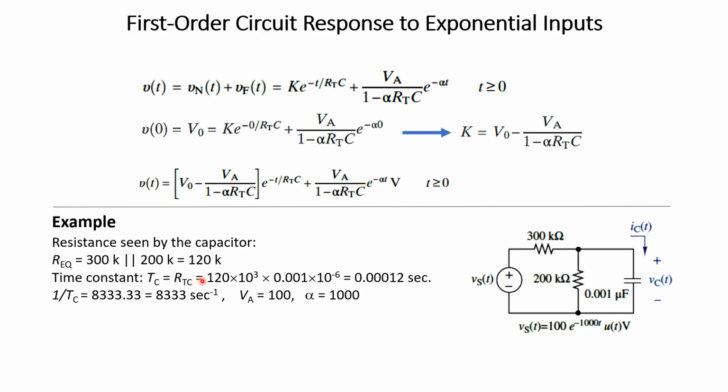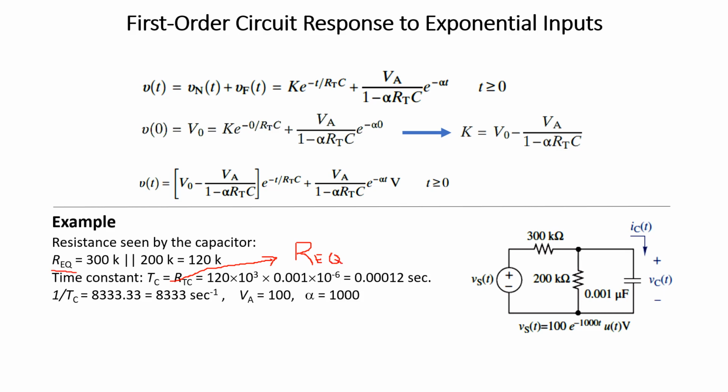The time constant is this equivalent resistance multiplied by C. Note that here you need to do some correction, so I will do it for you. Consider this as R equivalent, which we have determined over here.